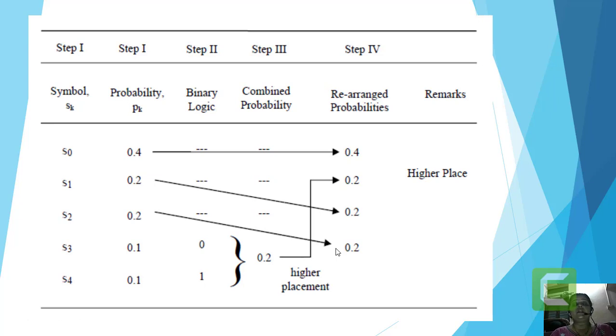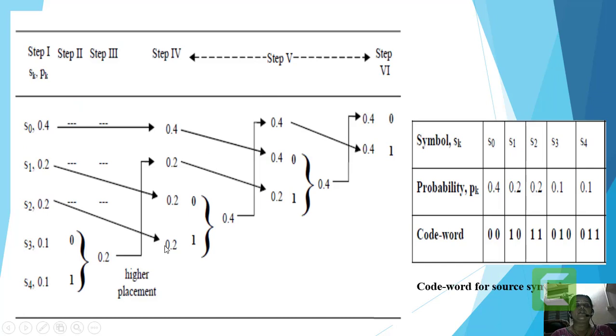Now we will continue the process of taking the lower two symbols, assigning the digits, and again recombining those two lower symbols, placing them in the proper order of probability value. In the first step we have got this arrangement.